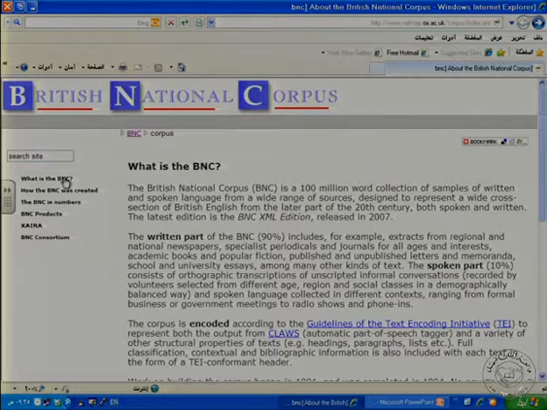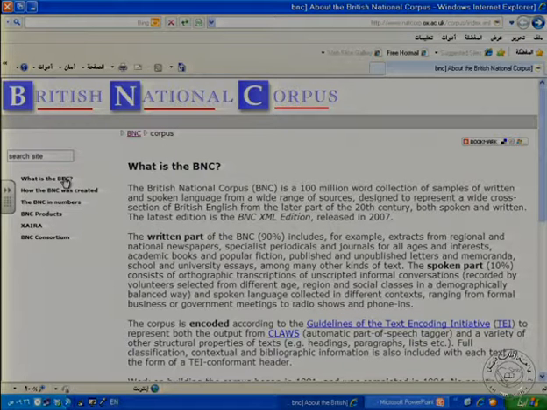Let's read just the spoken part. 10% consists of orthographic transcriptions of unscripted informal conversations, recorded by volunteers selected from different age, region and social classes in a demographically balanced way. And spoken language collected in different contexts, ranging from formal business or government meetings to radio shows and phone-ins.